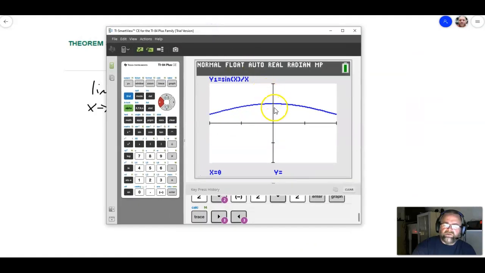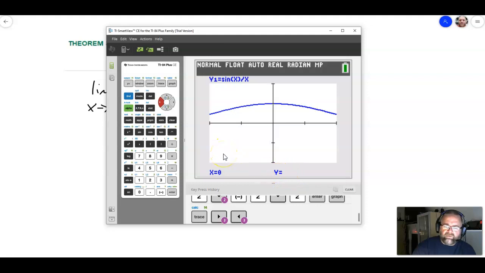So there's really a hole right there, and one of the drawbacks to the TI-83, TI-84 calculators with 30-year-old technology is that they don't show you the holes. Not like a big hole right there or anything, but there is a hole there, and that's why it's not giving you the y value.